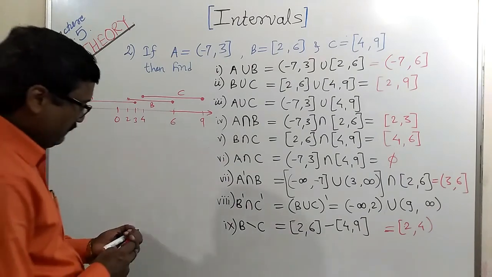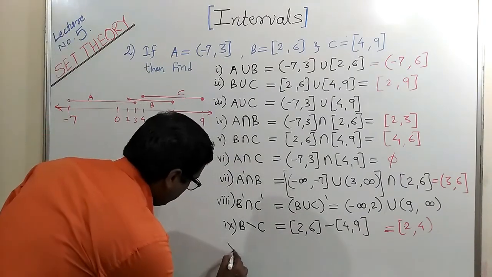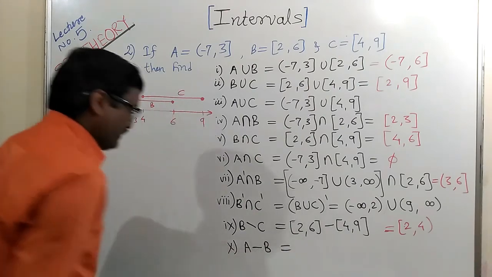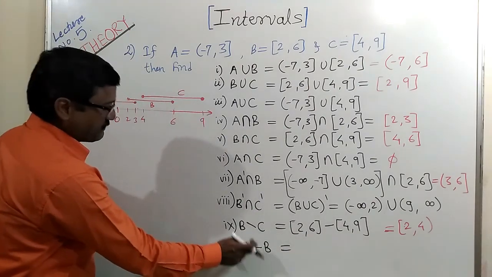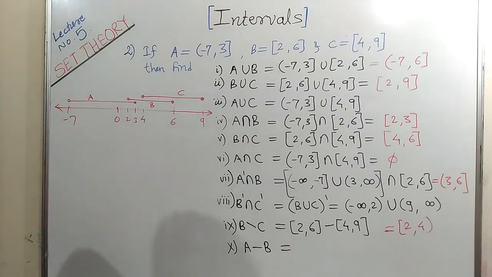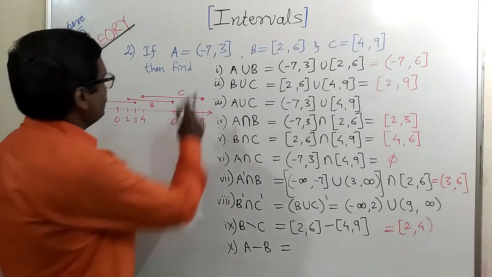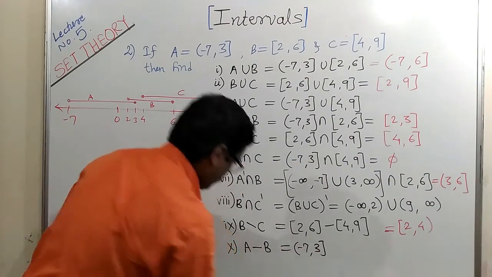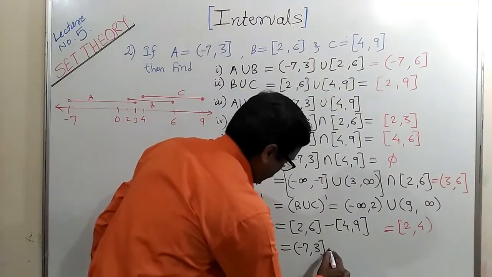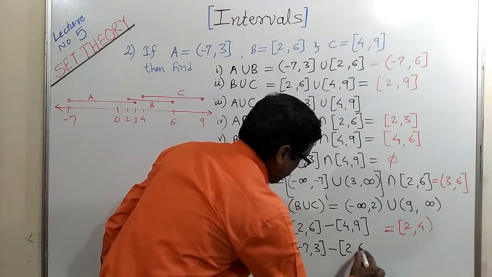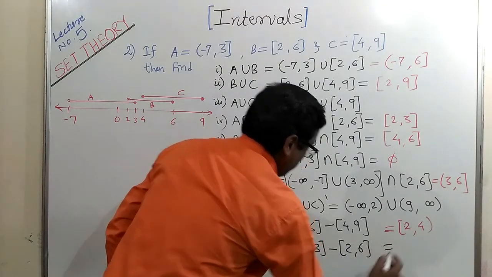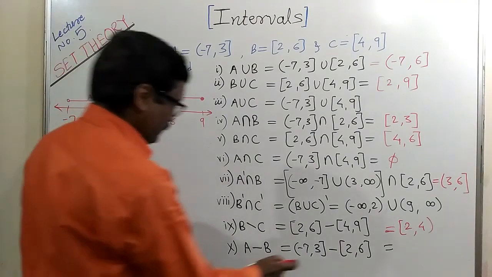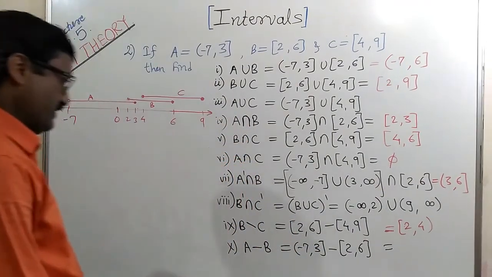And the 10th one is A difference B. Last one. That is A difference B. These are the two symbols for difference that I am using here. Now A difference B. A is open -7 to close 3. Difference B is 2, 6. Again, eliminate the numbers from the first set which belong to the second set also.